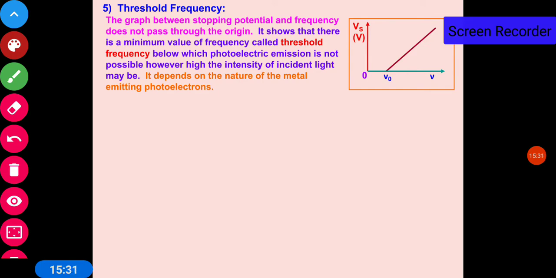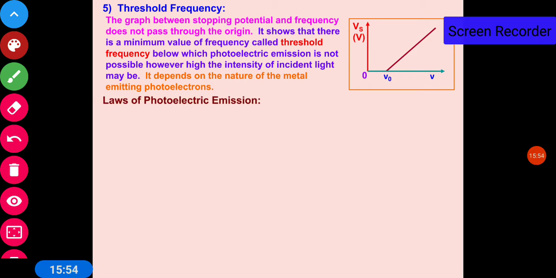The value of threshold frequency is different for different metals. It depends upon the work function of the metal. Work function means the minimum energy required to eject the electrons. So this value is different for different metals, and as a result the cutoff frequency or the threshold frequency is different for different metals.